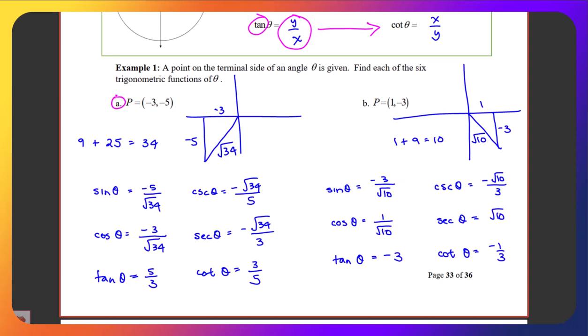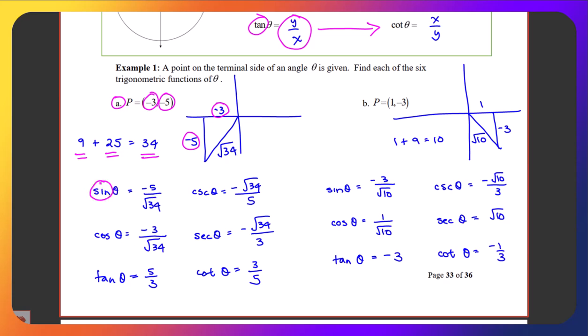So in A, if we know that x is -3 and y is -5, we're in the third quadrant. Here's our triangle, and for the hypotenuse, a squared plus b squared equals c squared, so c is root 34.